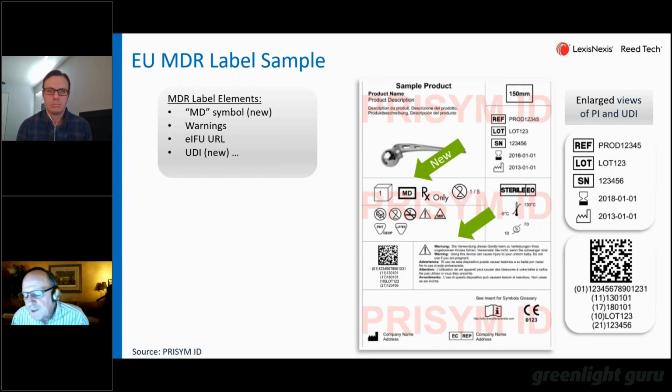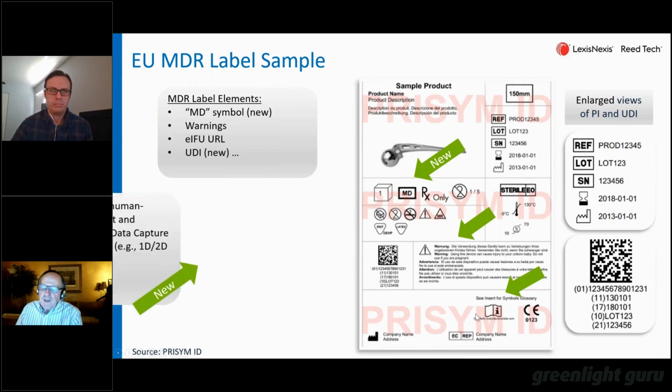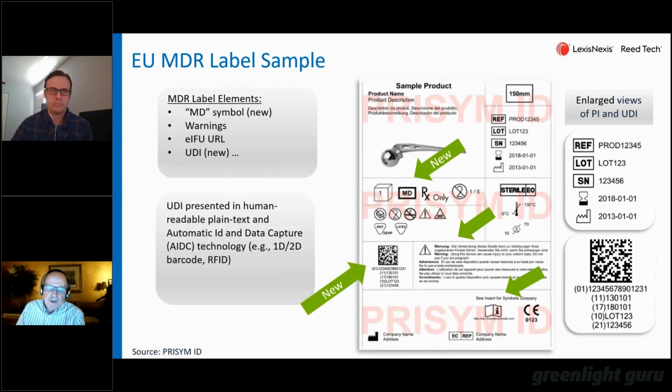There's some warnings, enhanced use of warnings, by the way, language translation. There is, again, provision for using electronic information for use, so IFUs. And to talk about our particular topic of the day here, the addition of a UDI.